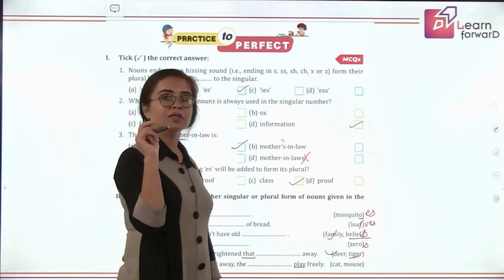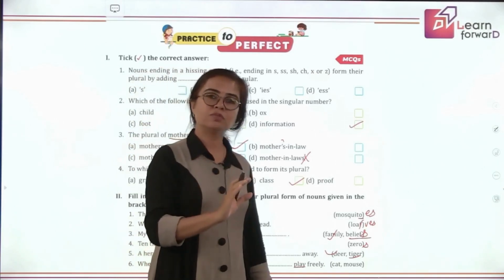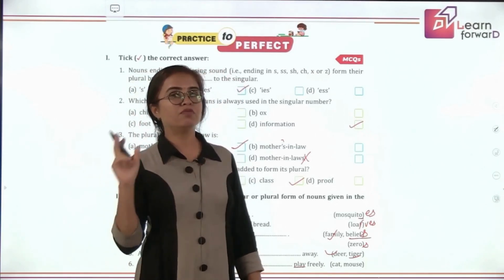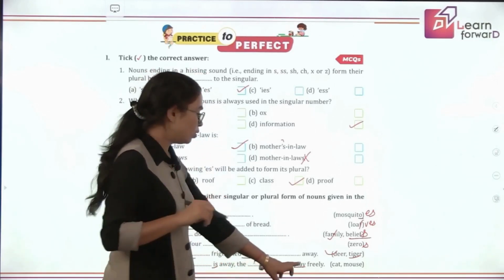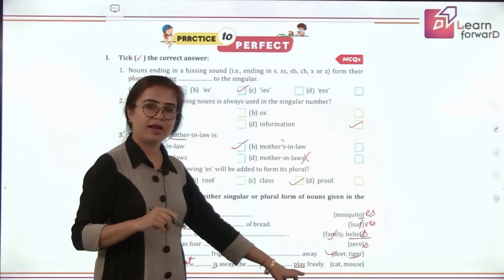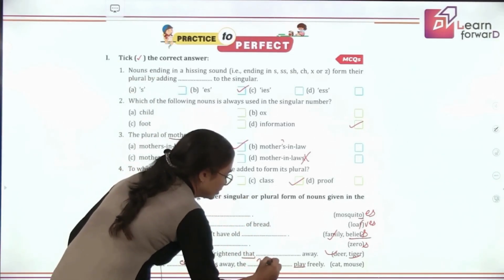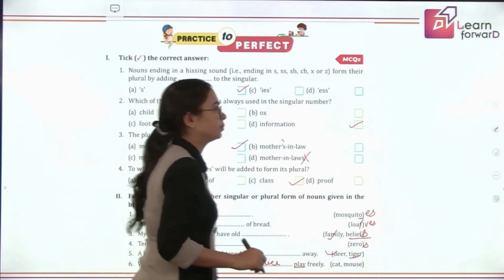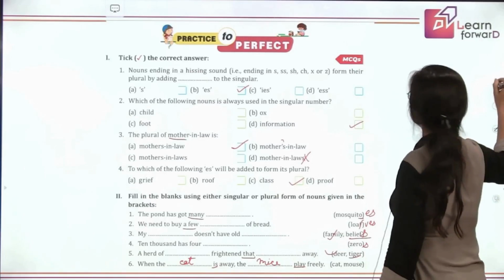Do you remember the verbs you have done in previous classes? When you talk about a singular subject, you add s to the verb. When you talk about a plural subject, you do not add s to the verb. So here you see s is not added to the verb. So we'll use the plural form, that is mice. Understood? So you have to remember, take care of many things, students.